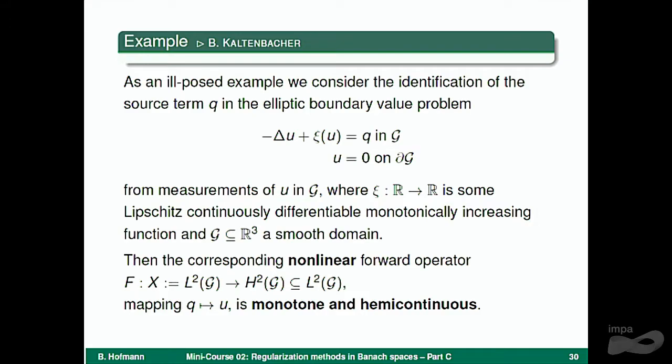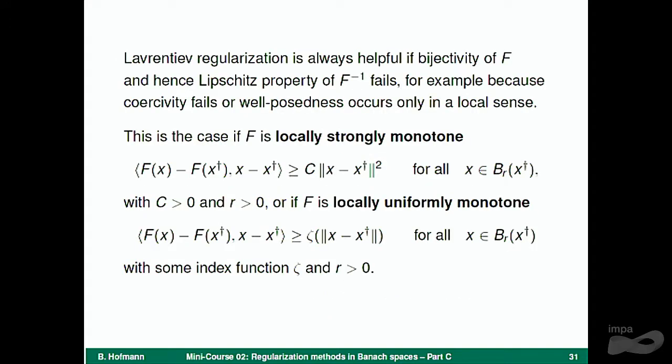Otherwise, you could take this u and make derivatives here, but you have here such a xi function, and this xi function is Lipschitz continuous, differentiable, monotone increasing, and then one can formulate this. This is monotone, hemicontinuous, and one can work with this. One can show many things with this trivial but nice example.